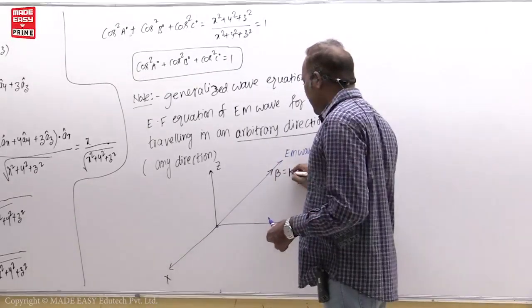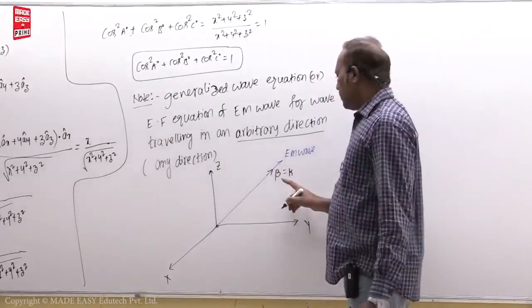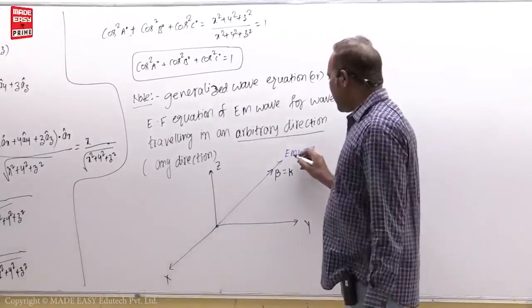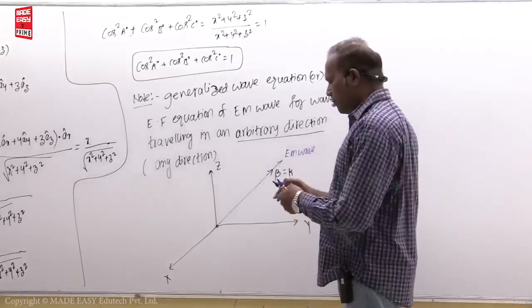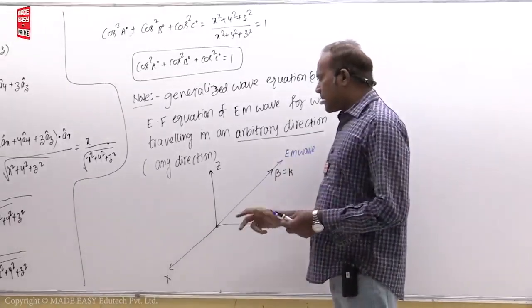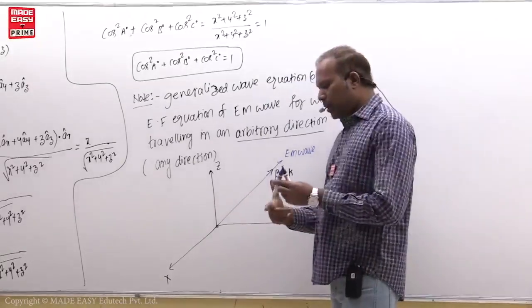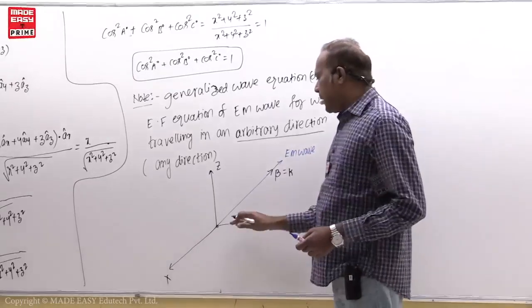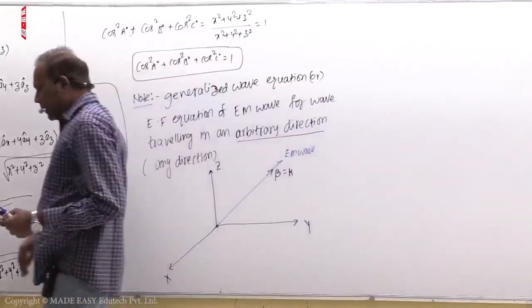In some books that is called k, so beta is nothing but k only. This is the EM wave propagation direction, in the x, y, z direction, but on the board you are seeing it like this. Now this EM wave makes A degrees. I am using another ink here.